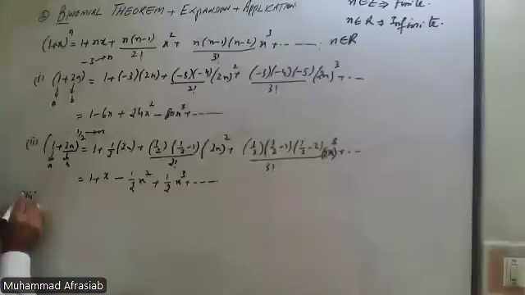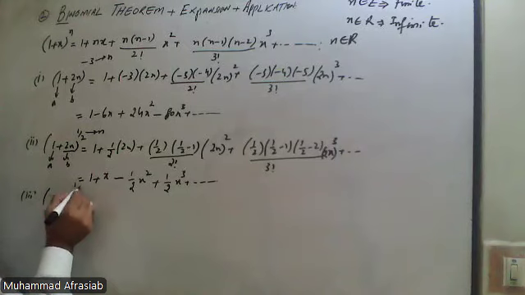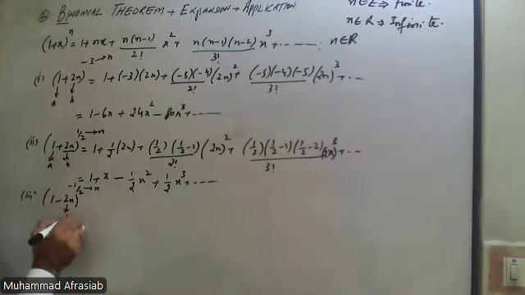Third, (1 - 2x)^(-1/2). So here n is equal to minus half, b is equal to minus 2x and a is equal to 1.